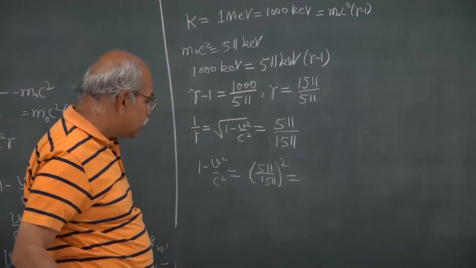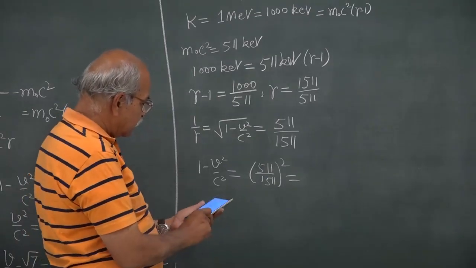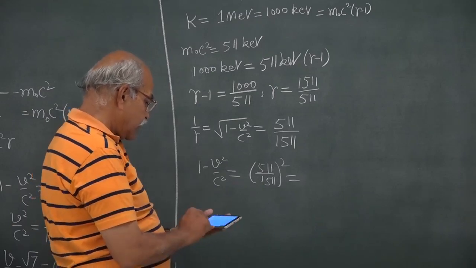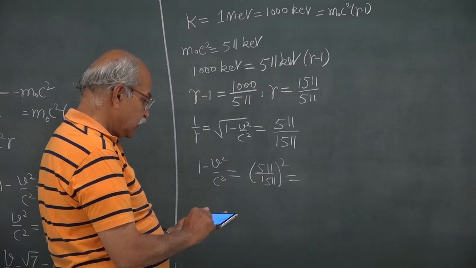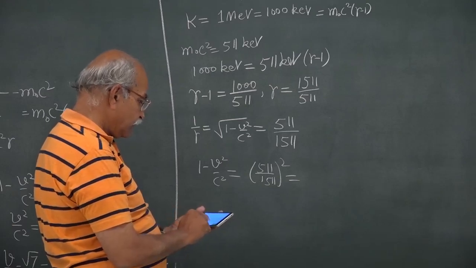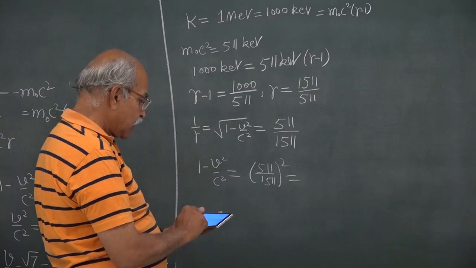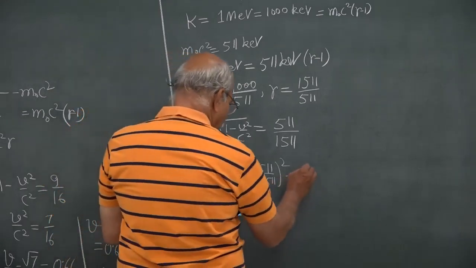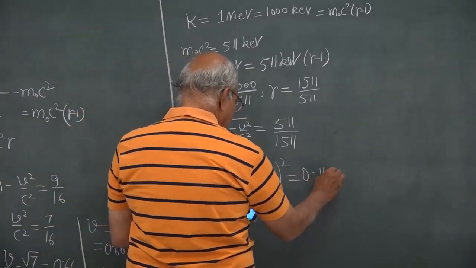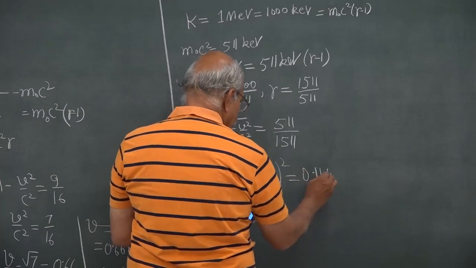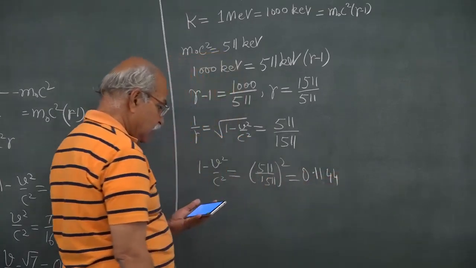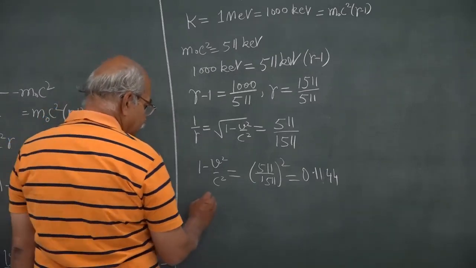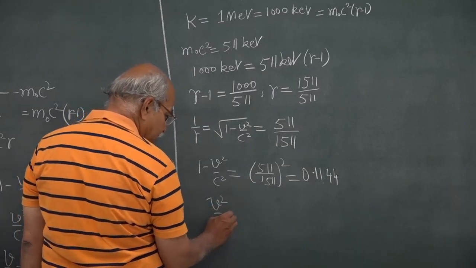If I do that on my calculator, 511 divided by 1511 and then square of this, that is 0.11437 or so. So let us write 0.1144.